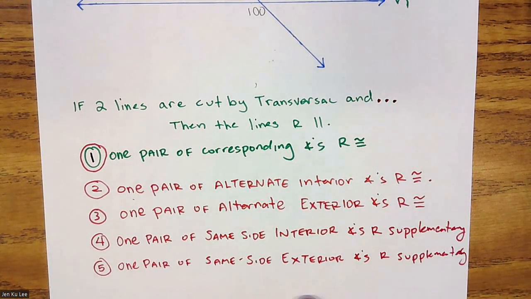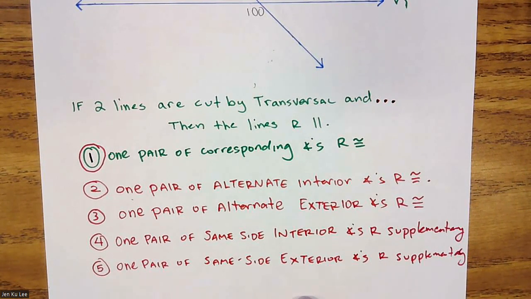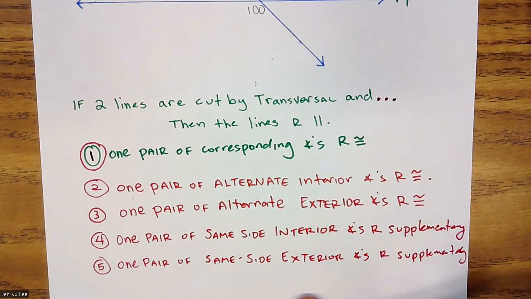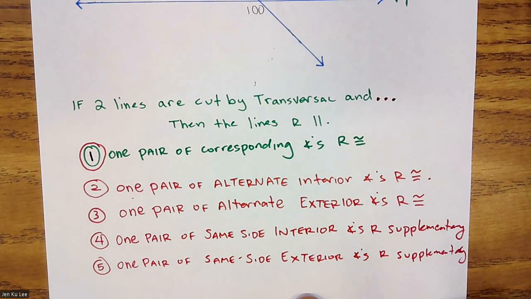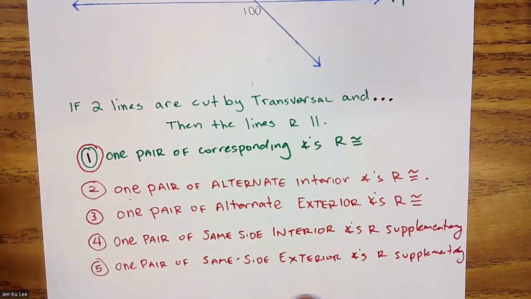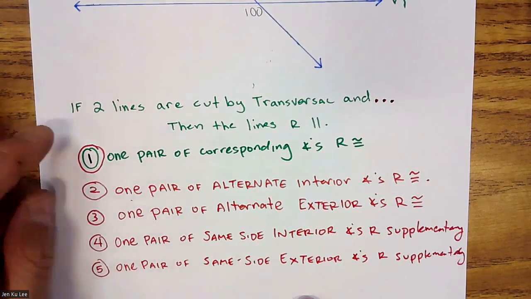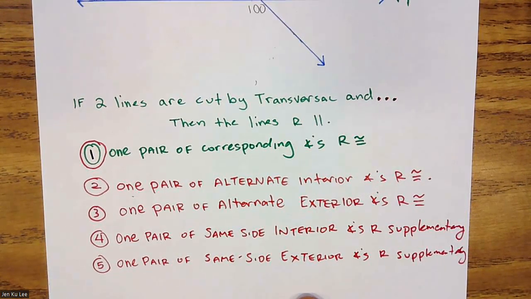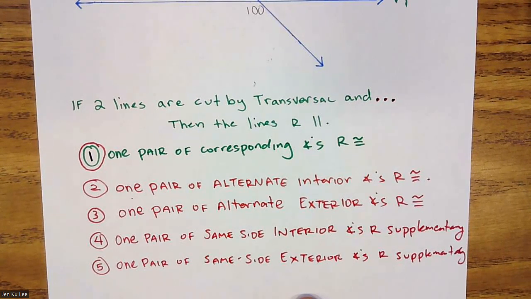So when proving this, it's just like you're in a courtroom. You state the obvious, and you go step by step in explaining your reasoning. You can't just say alternate interior angles are congruent.